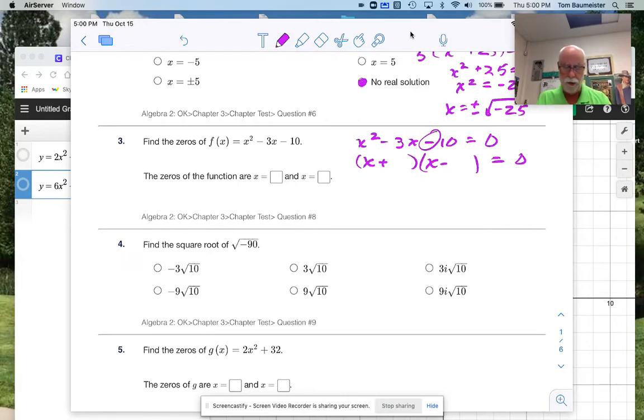So again, you're going to ask yourself, what are factors of 10 that would give me a negative 3? So you would tell me it'd be minus 5 plus 2.